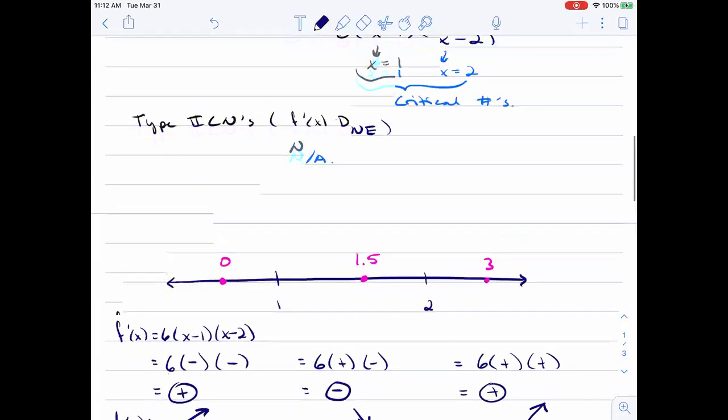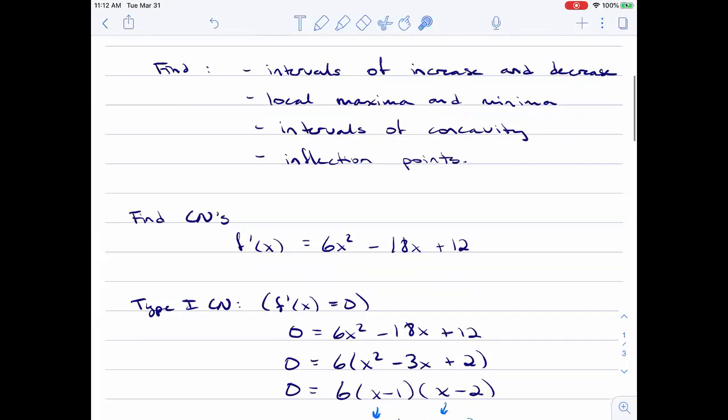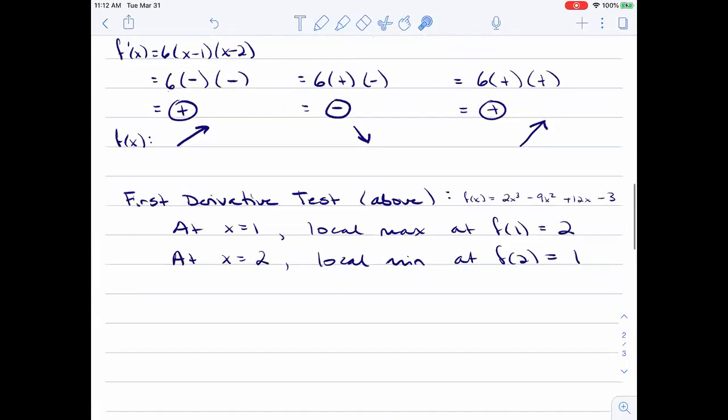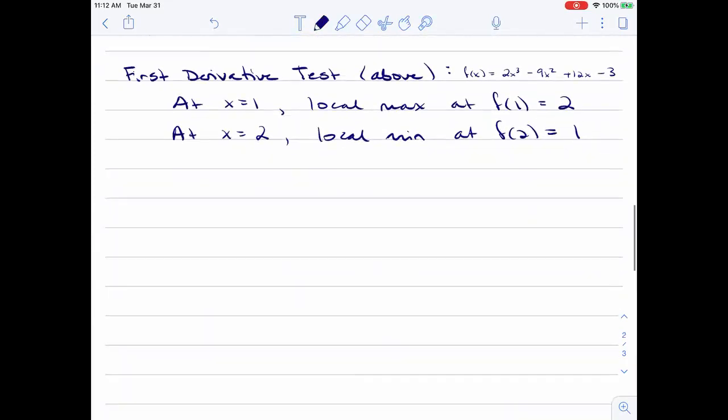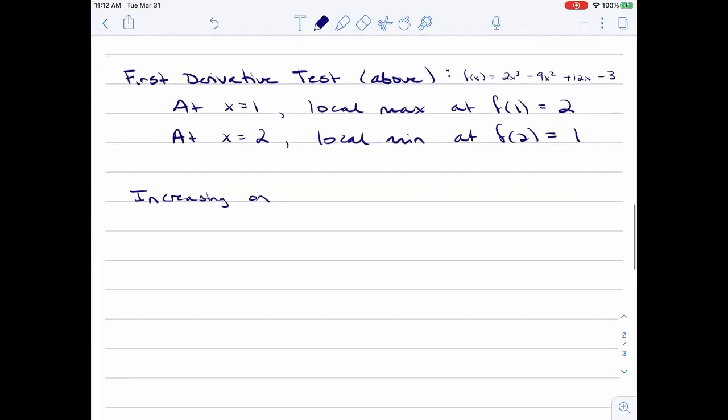So as far as what we were going to do here, we were going to find the intervals of increase and decrease. We already found the local maxima and minima, so we actually did this first. So let's now find the intervals of increase and decrease. We actually already did, right? Increasing, decreasing, increasing, but we didn't write it out. So let's write it out. So it's increasing on the interval from negative infinity, this is negative infinity, this is positive infinity, up to 1, not including 1.